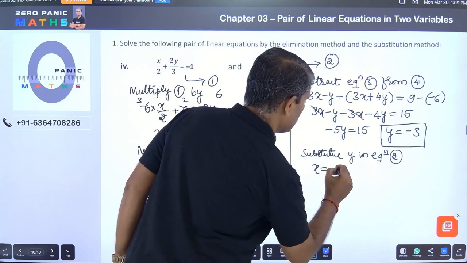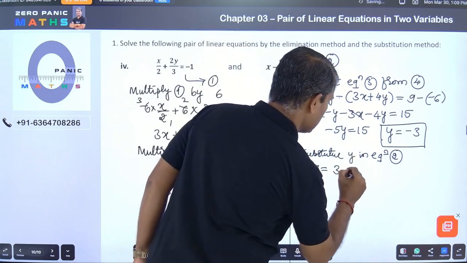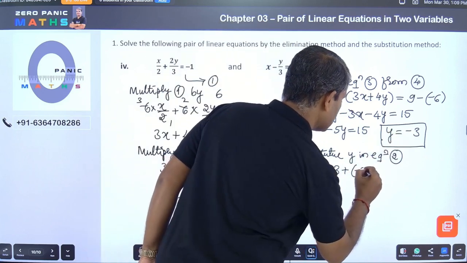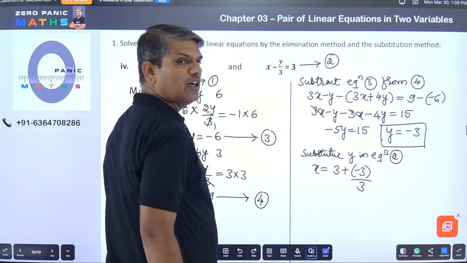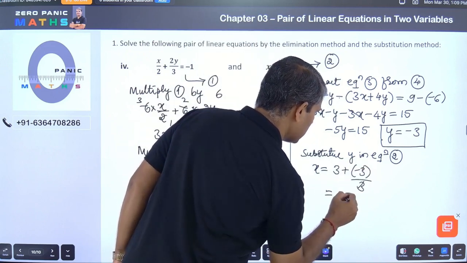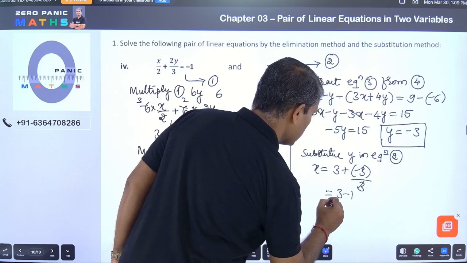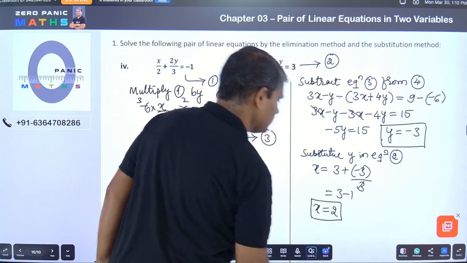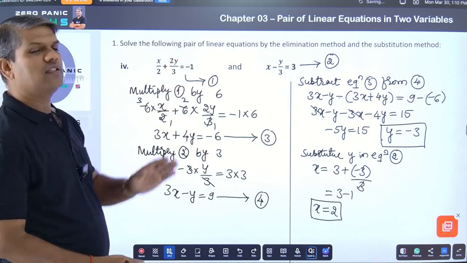What is y? Minus 3 by 3, right? So this will give me 3 minus 1, and that will give me x is equal to 2, right? So this is the solution for this equation.